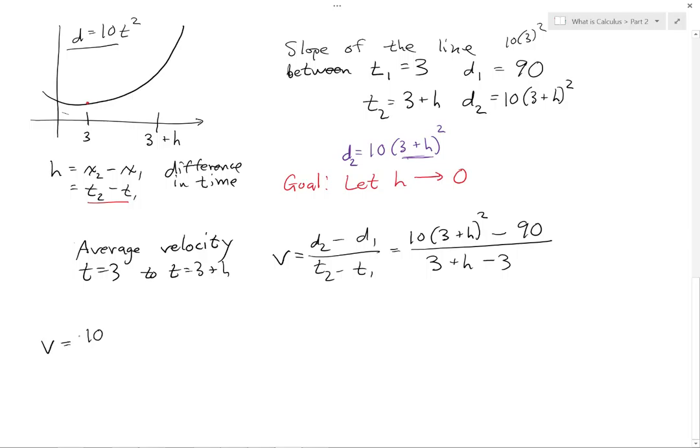Okay, so we have to expand this out a little bit. 3 plus h, the whole thing squared, is 3 times 3, 3 times h, another 3 times h, plus h squared. Then 3 plus h minus 3 is just h, since the 3 and the negative 3 cancel. So we have 10 times (9 plus 6h plus h squared).